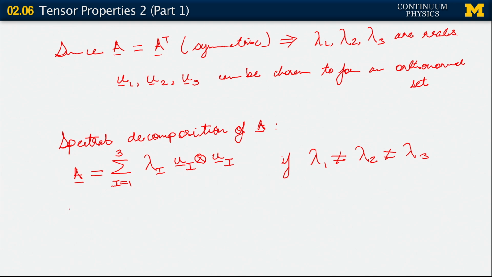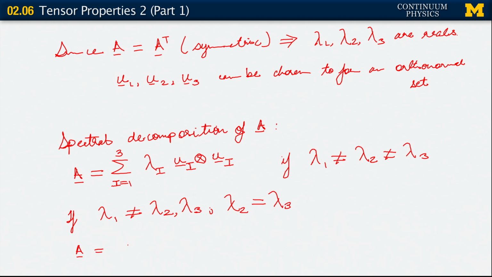Okay. If we have two repeated eigenvalues, right? So if we see that lambda 1 is not equal to lambda 2 and lambda 3, but lambda 2 and lambda 3 are equal. Okay? In this situation, we can write A as the following.